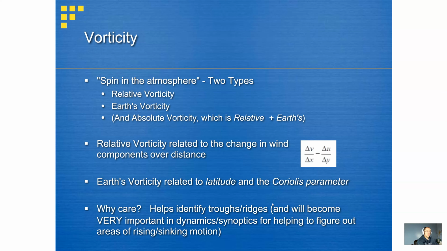And so again, this is not going to be influenced, I should say, by whatever weather patterns are going on. That's going to be more the relative vorticity. And so with absolute vorticity, we're oftentimes going to be focusing on those changes that are influenced by the relative vorticity component of the equation.